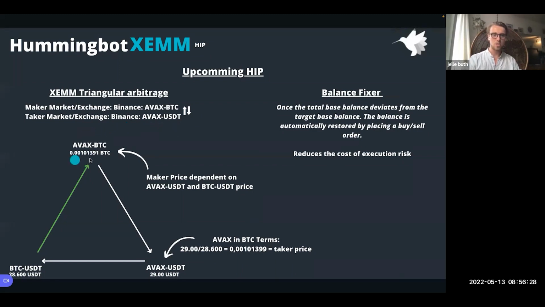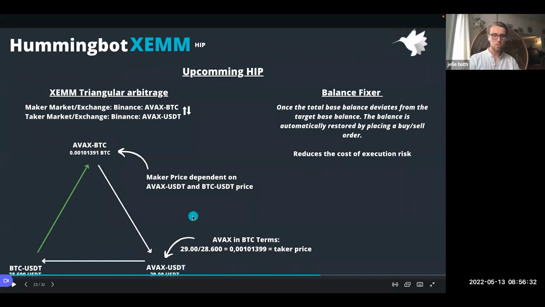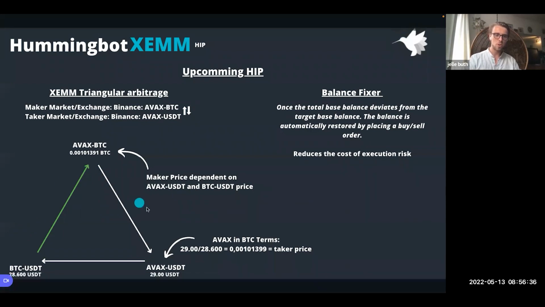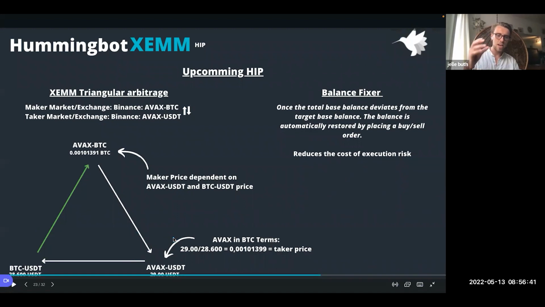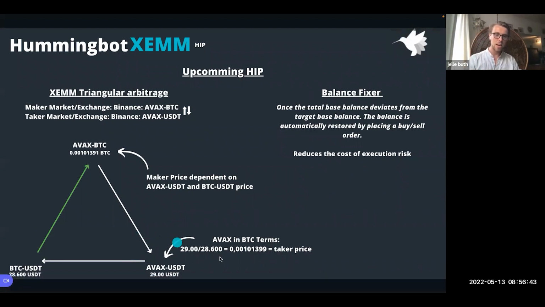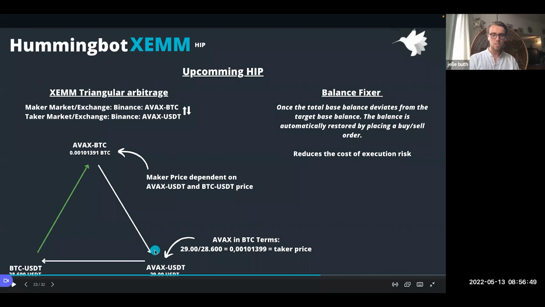You have the current price for AFEX BTC, the current price for AFEX USDT, and the current price for Bitcoin. The bot will observe what my taker price is, what price I can effectively hedge my asset at in AFEX USDT, and then convert it to an AFEX BTC pair.